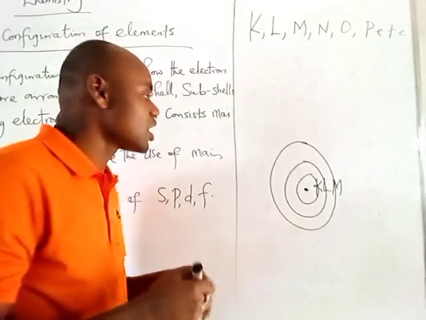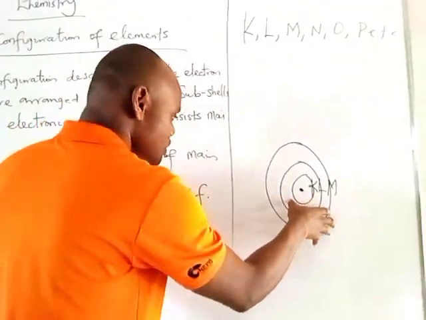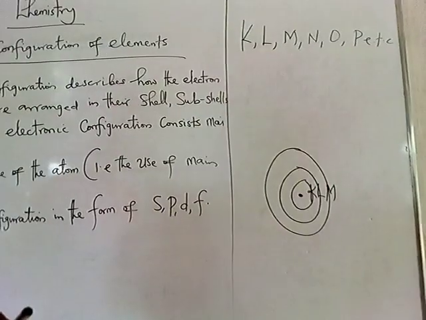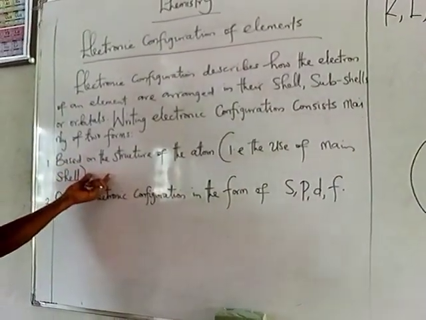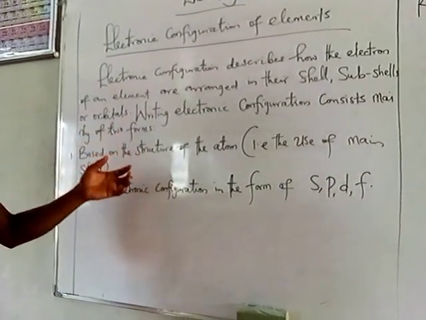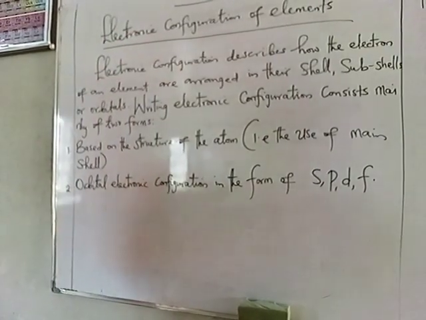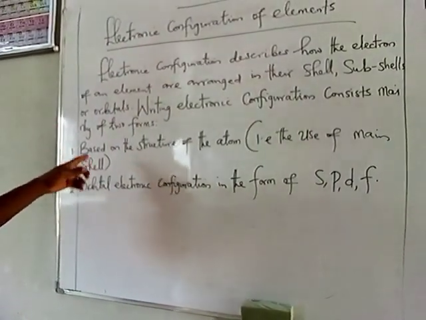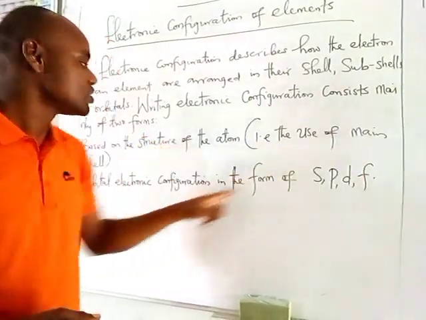Now let's see how we are going to use the explanation of this to understand the first method or form in which we can answer any problem relating to electronic configuration of elements. Don't forget, we said the first form is based on the structure of the atom, that is the use of main shell.